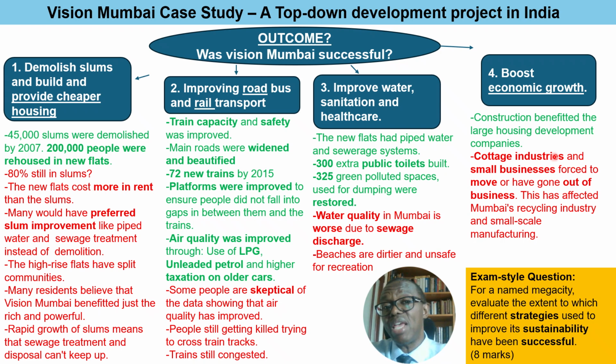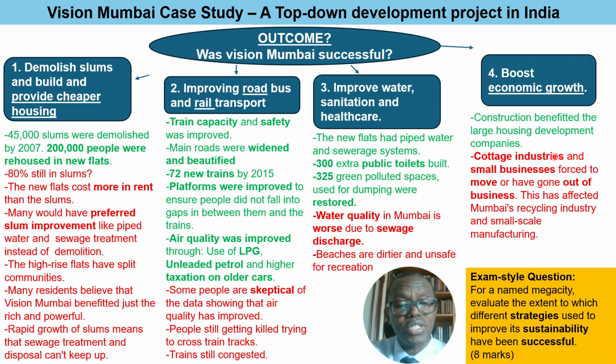And the reason they focused more on that is because they were then going to make more money by selling those luxury flats, rather than building low-cost accommodation for the poor people. So because of that, some of the poorer people feel that they have not benefited. The people who have actually benefited are the rich.